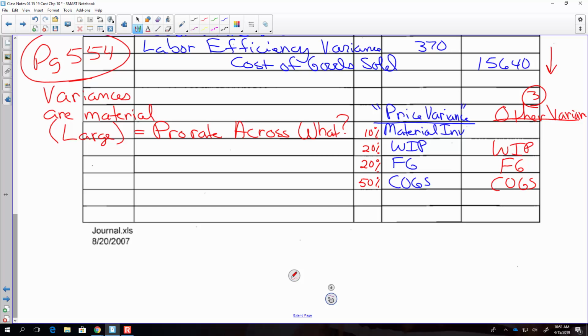Finished goods and WIP would get 20% of the variance. And then material inventory would get 10% of the variance based on a proration. Proration is based on total. So that's how it kind of works. Okay. Any question on that? So know that for the test. And those, again, multiple choice questions. They'll talk about a material variance.